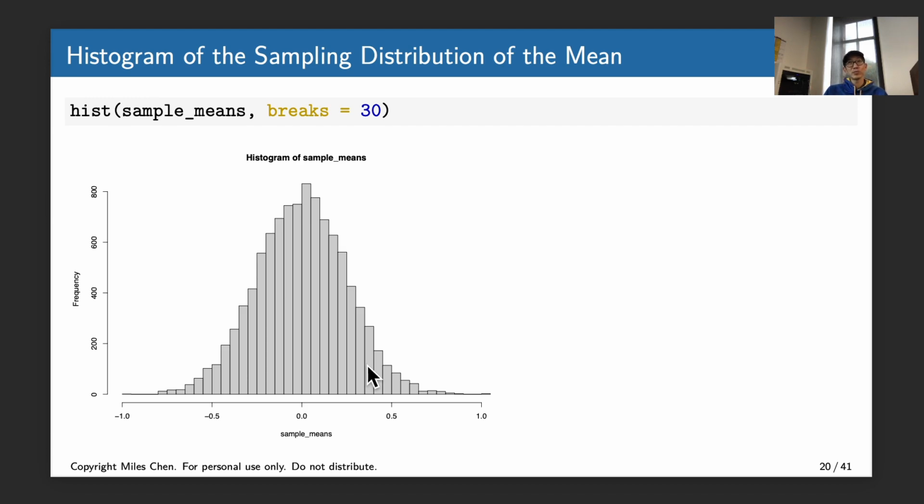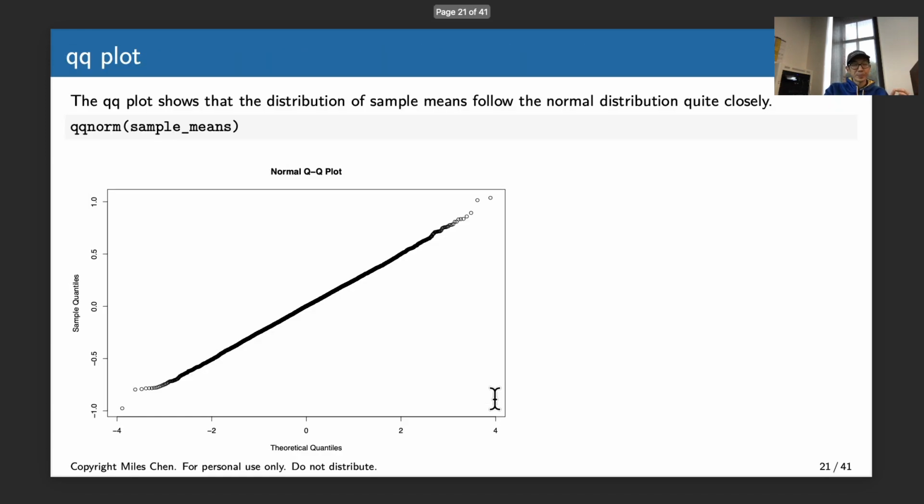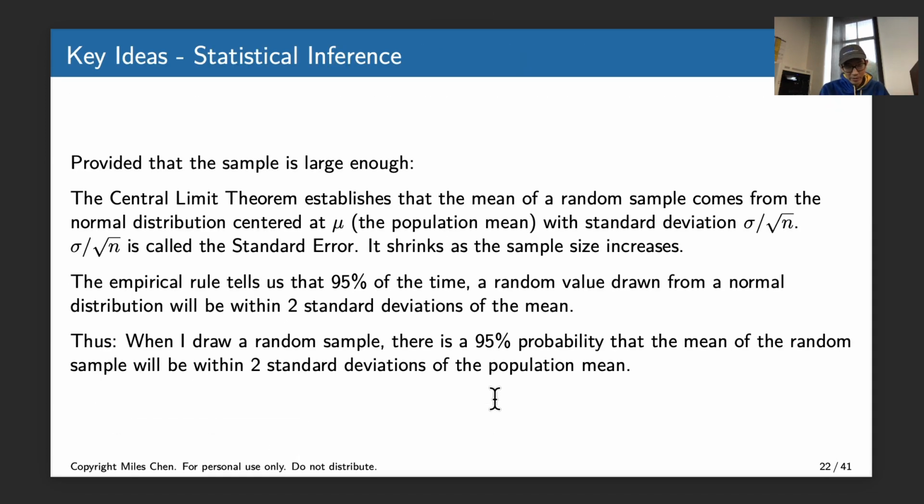You take a random sample, you calculate the mean of your random sample. That sample mean comes from a normal distribution, which means most of the time it's close to the population mean, and only very rarely will it be more than 2 standard errors away from the population mean.